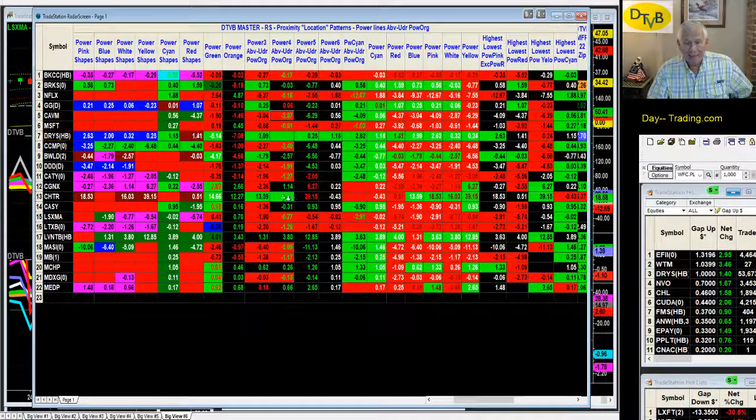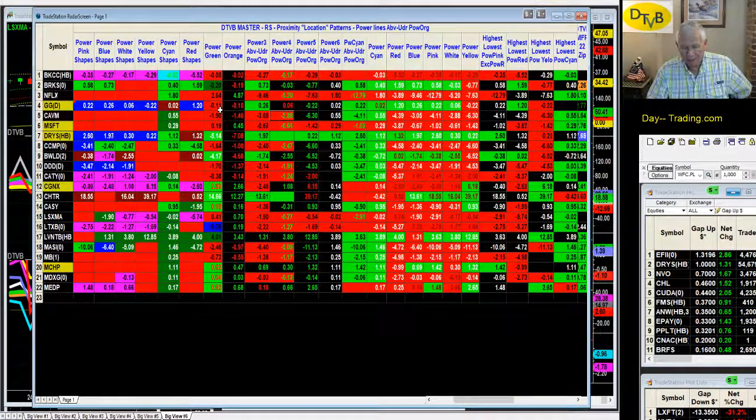When you have the power green and power orange columns, for example, right in here, when you have a green box, it is above 0. When you have a red box, it's under 0 in each of these two columns.